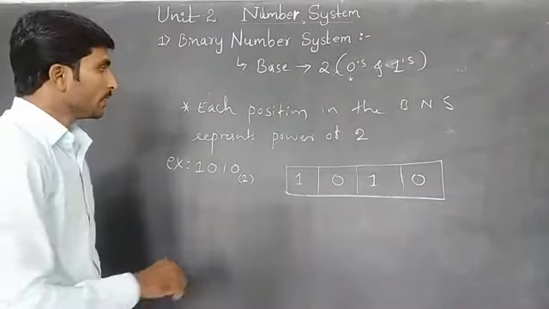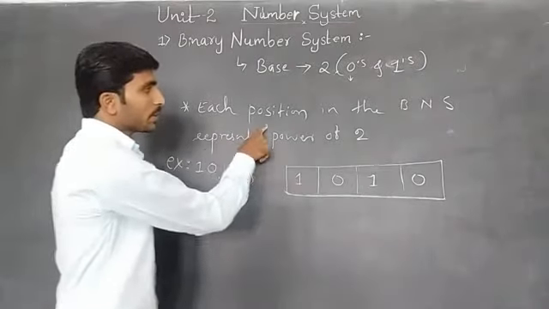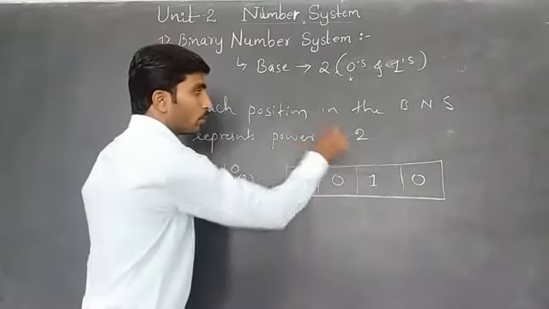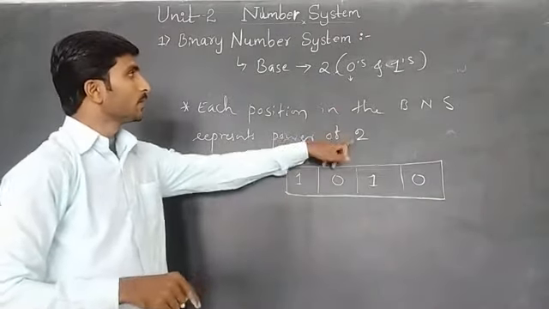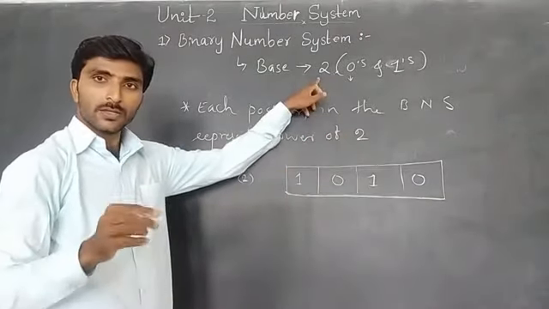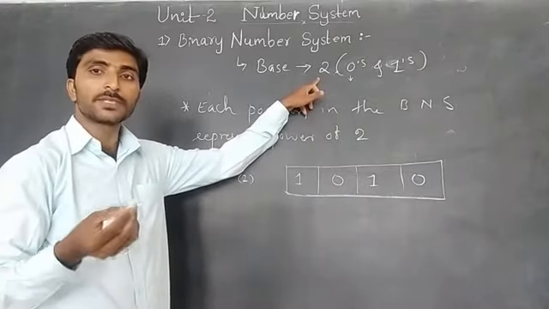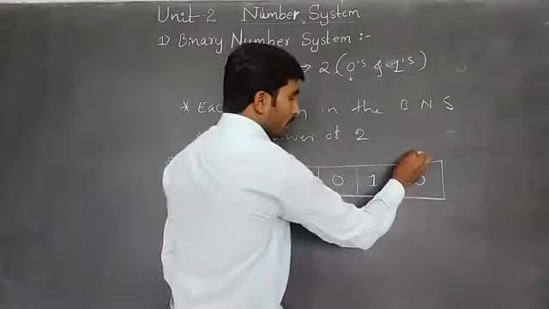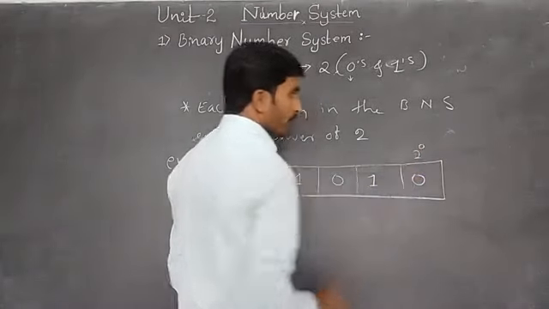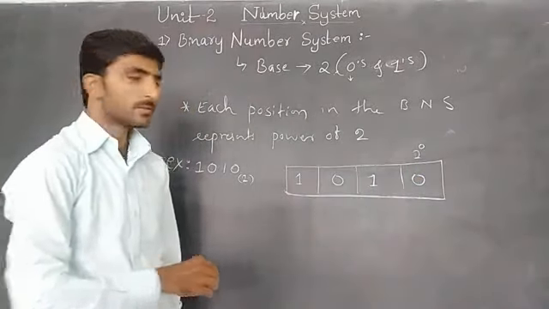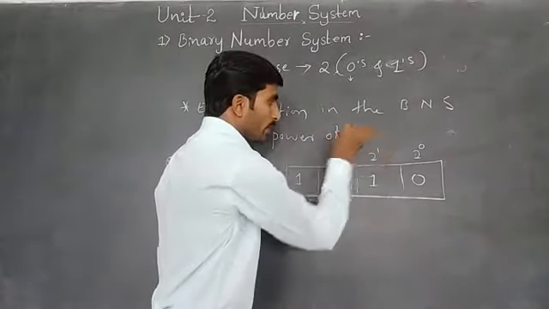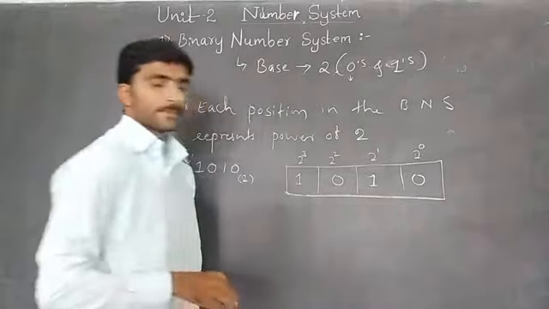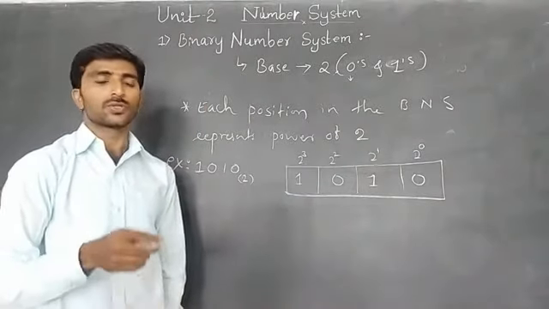Here each position in the binary number system represents a power of 2. 2 means 2 is the base. The power of 2 represents a position. See here, this is 2 to the 0, 2 to the 1, 2 to the 2, 2 to the 3.